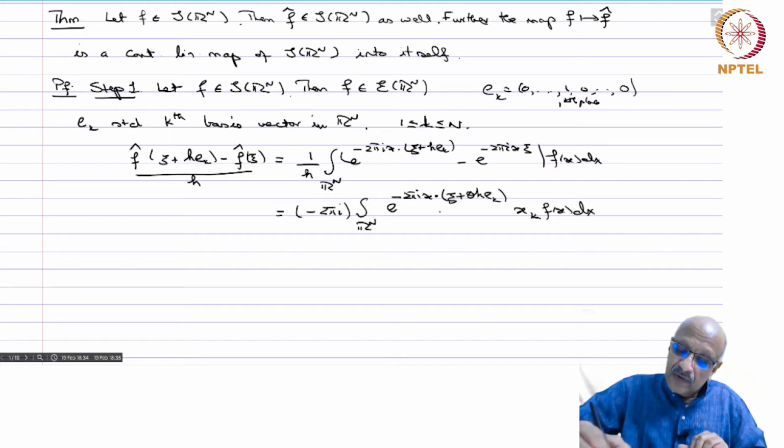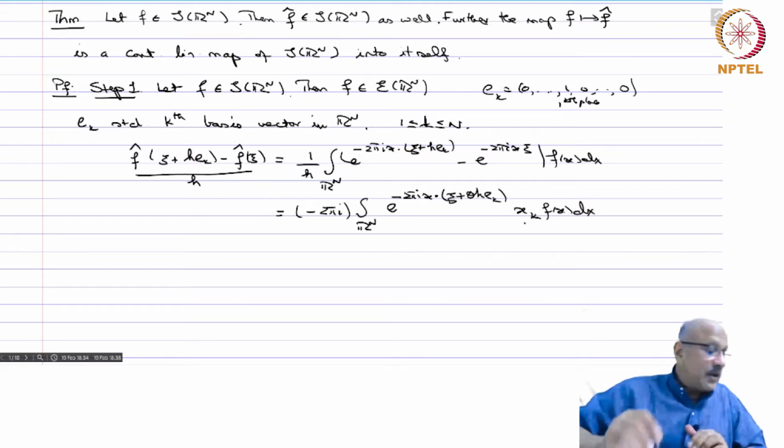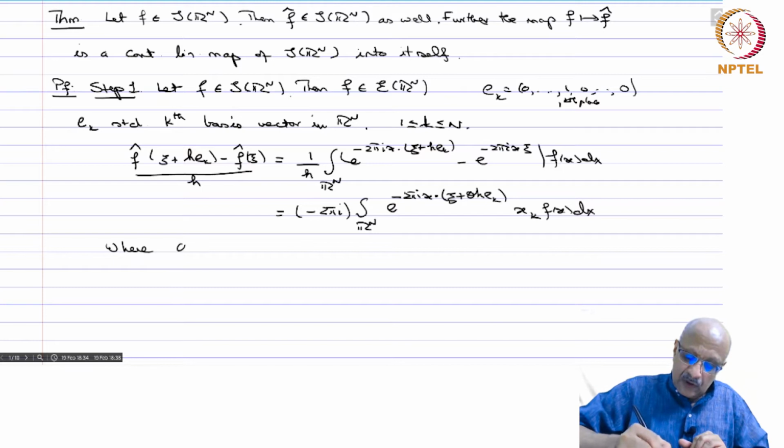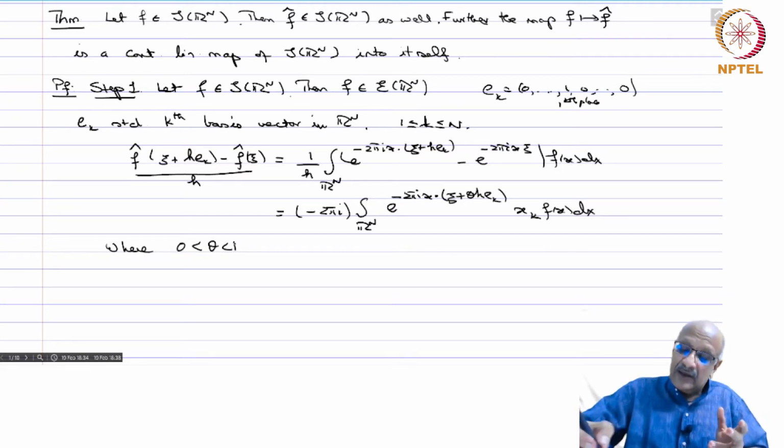I have just differentiated e power minus 2 pi i x dot xi with respect to the kth variable xi k, so I get minus 2 pi i xk here, and that is what we have here, where 0 is less than theta less than 1, and it will depend on x and h.